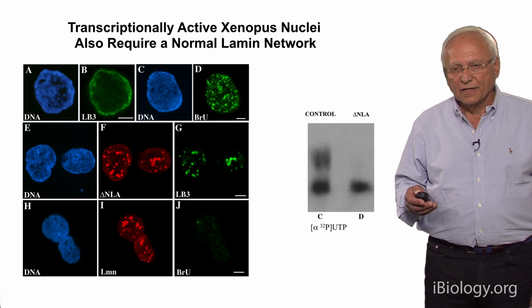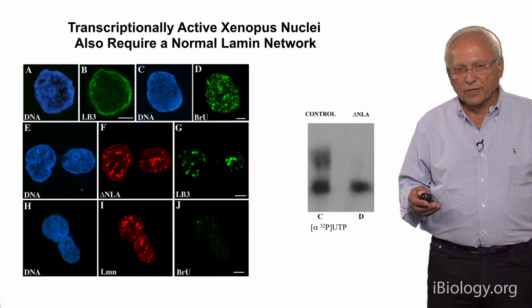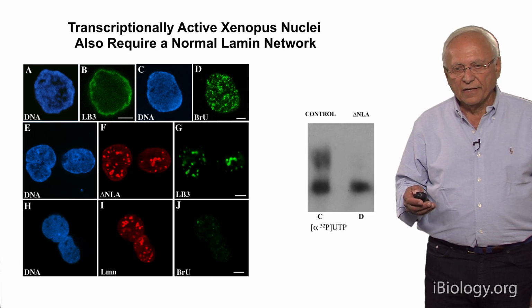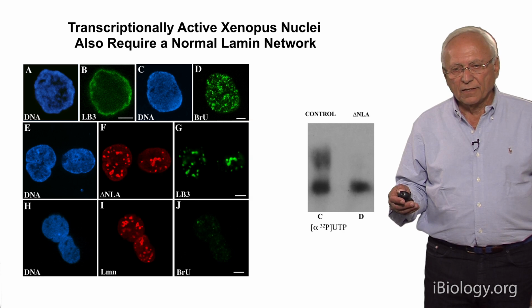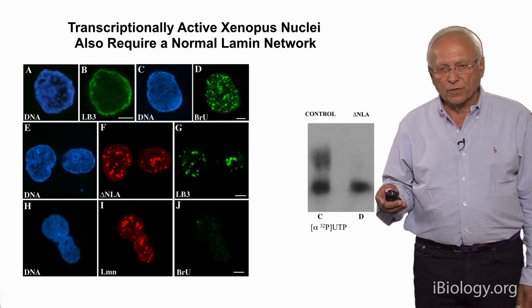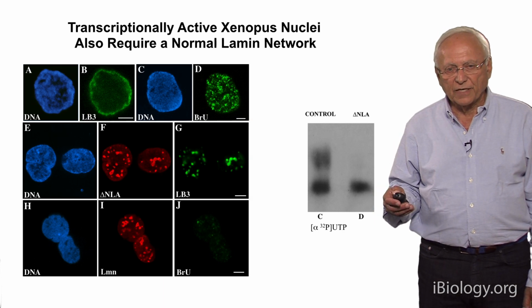These are agarose gels showing, again, P32 UTP incorporation into RNA. The band at the bottom of these gels, in fact, is transfer RNA, which is synthesized, of course, throughout these early developmental stages.